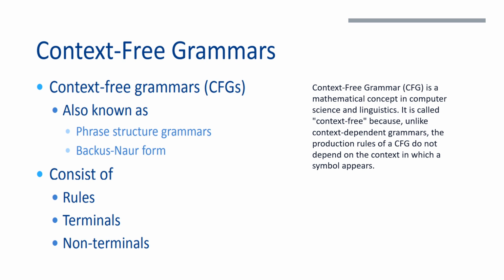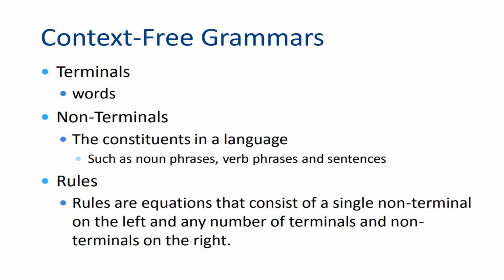In the context-free grammar, we have rules, we have terminals and non-terminals. So what is a terminal and what is a non-terminal? Basically, the terminals are the words we are going to input.